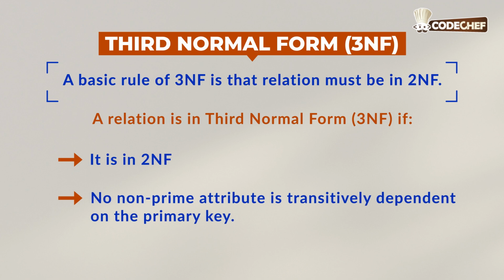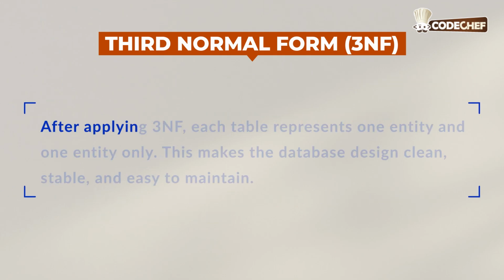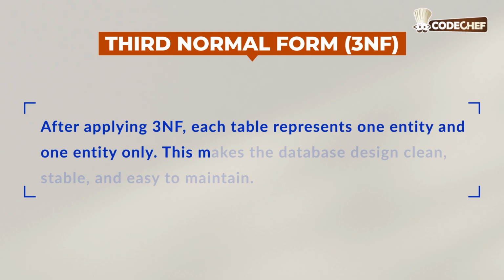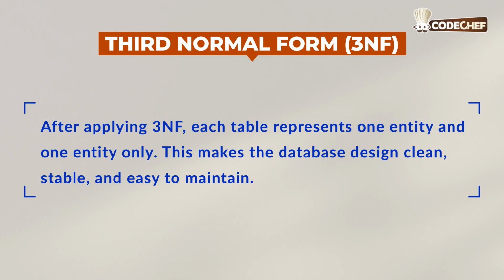Second, no non-prime attribute is transitively dependent on the primary key. We will learn what a transitive dependency is. But after applying 3NF, each table represents one entity and one entity only. This makes the database design clear, stable and easy to maintain.